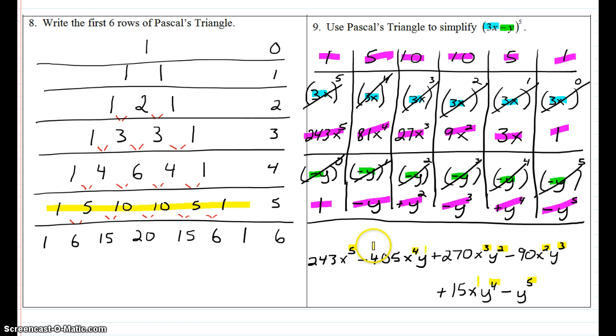So the exponents always add up to 5. The next thing I think you should be aware of is when we have this minus sign, we always have positive, negative, positive, negative, positive, negative. So the signs alternate. So let me know if you have any questions.